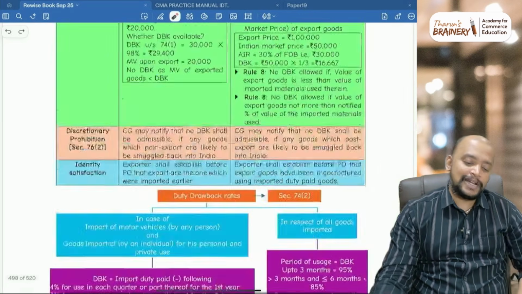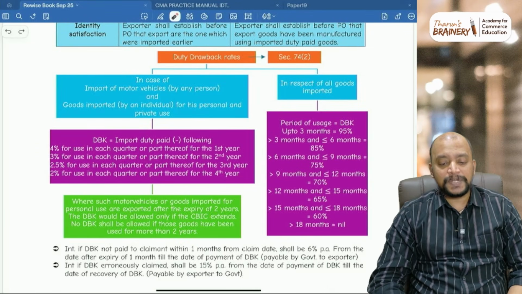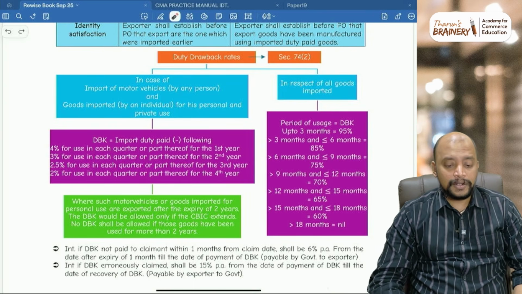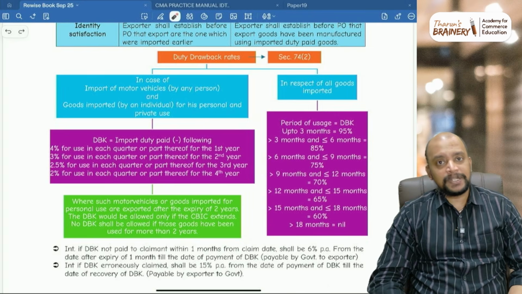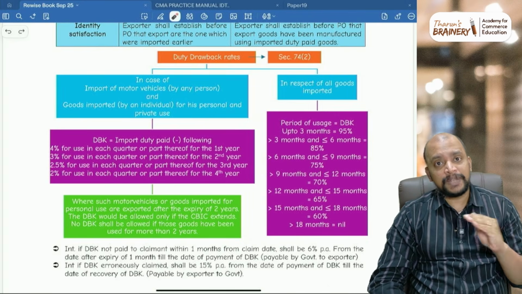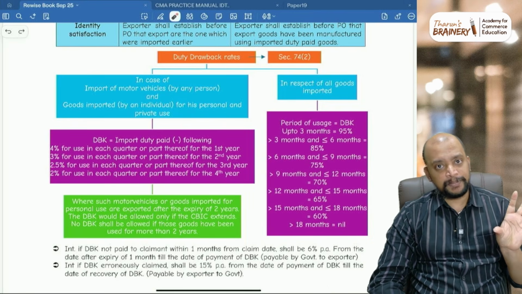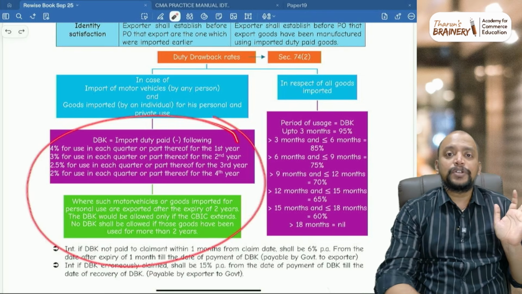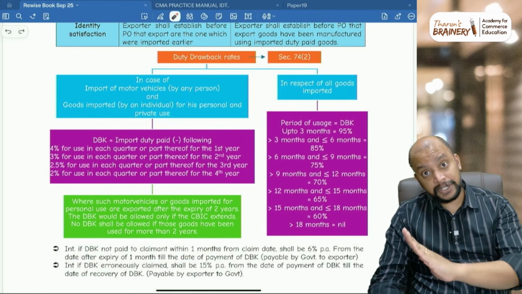You can see that in the table below: duty drawback rates under 74 subsection 2. In case of import of motor vehicles by any person, or goods imported by an individual for personal purpose, the first 2 cases, we have duty drawback under 74 subsection 2.